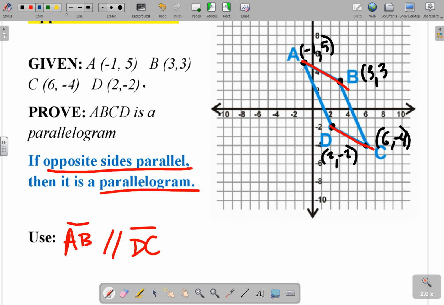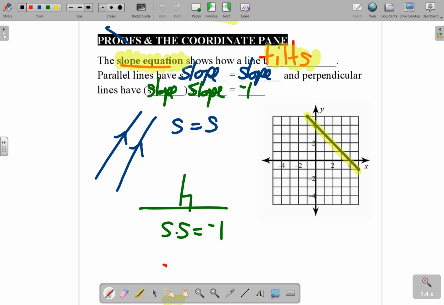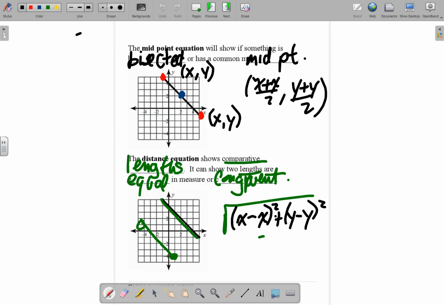Then I want to prove that AD is parallel to BC. Parallel is a tilt issue. So we go back here. If we want tilt, we're going to be dealing with slope, which is y minus y over x minus x.